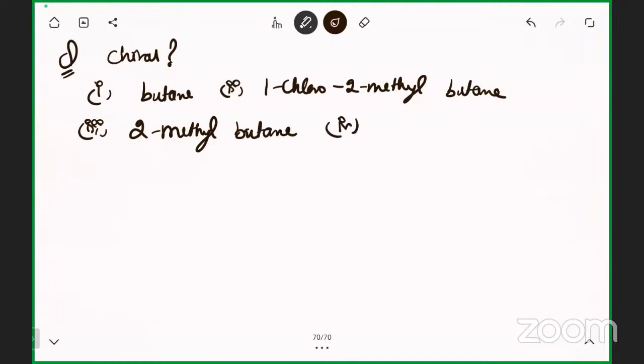Fourth compound is 2-methylpropane. Answer. Make the structure fast. Make the structure fast.